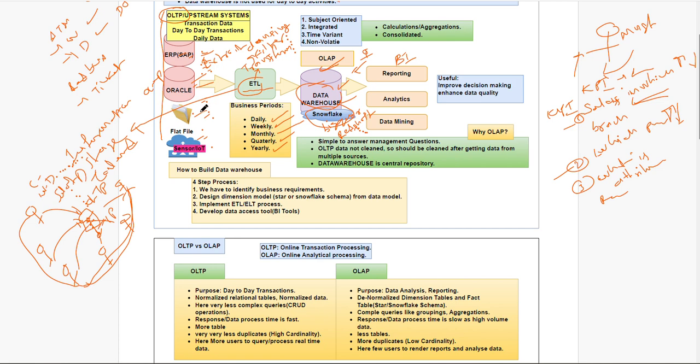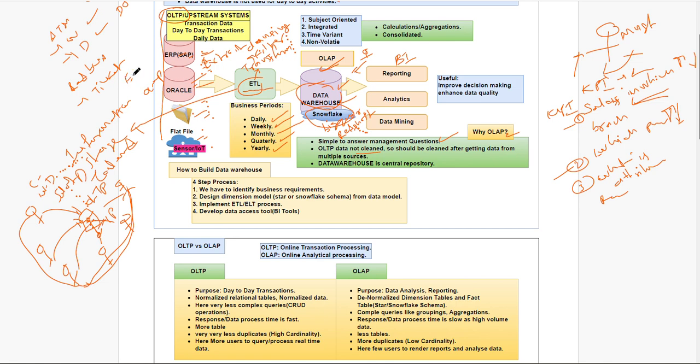I believe you are understanding. Now, see, simple. Why OLAP? As I told you, it is simply to answer management questions. And second thing, the data in OLTP is not always clean. Not everything in OLTP is perfect.